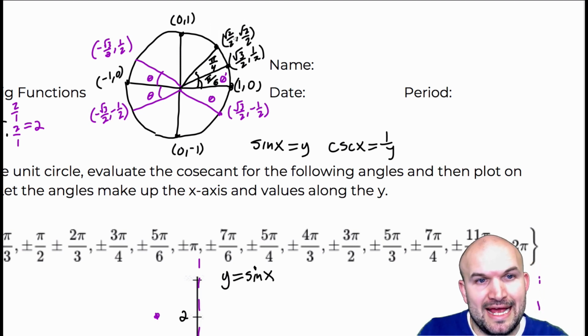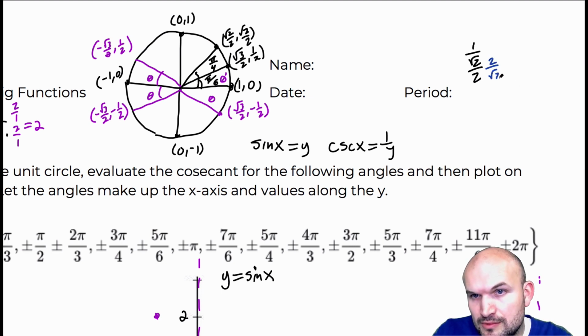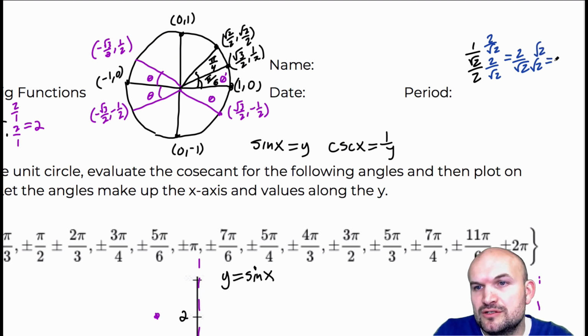All right. And so if I was going to reciprocate with that angle, or evaluate what that would be, I would have 1 over square root of 2 over 2. And when I multiply by the reciprocal on the top and the bottom, I'm just left with 2 over the square root of 2, rationalize the denominator, and I get just the square root of 2.